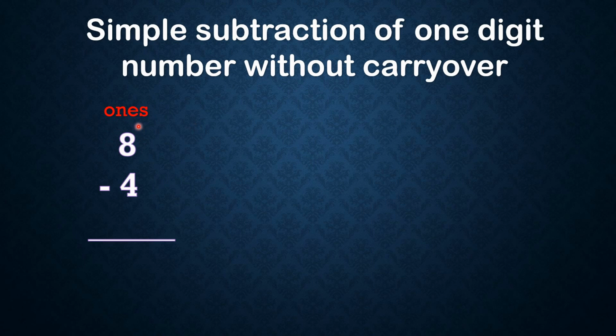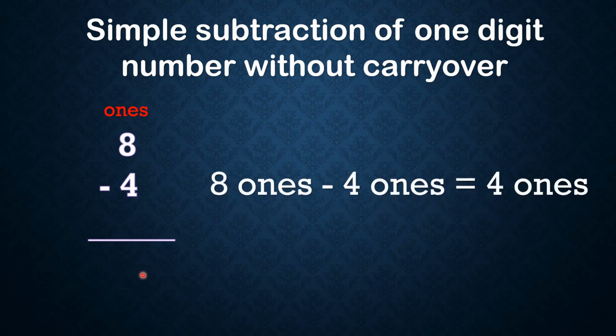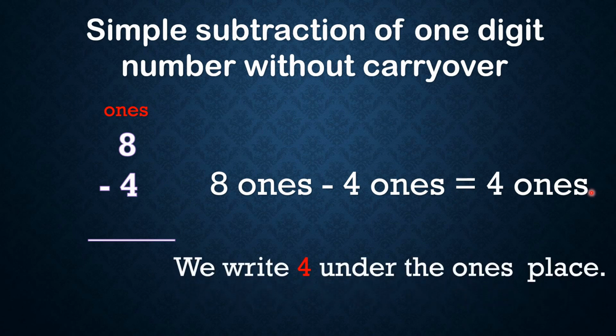So 8 minus 4 means 8 ones minus 4 ones is equal to 4 ones. So we write 4 under the ones place. So here 8 minus 4 is equal to 4.